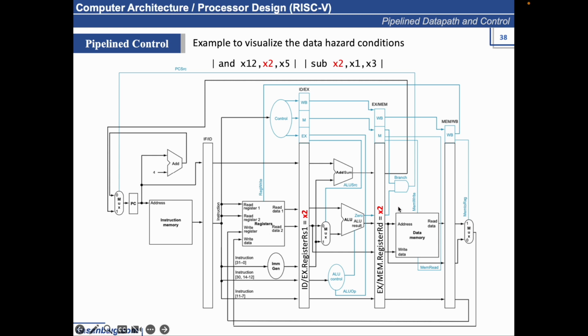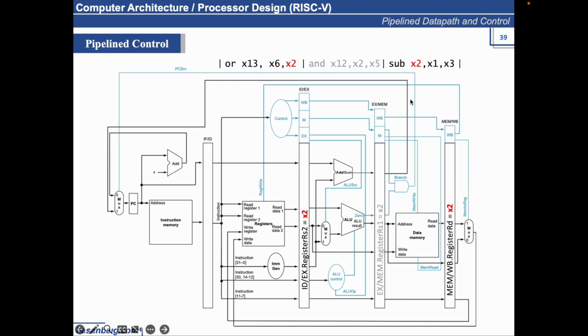So when the instruction moves to the next stage, the updated value of x2 is also moved here. If the instruction is using any source register whose value is not yet updated in the register file, we need to forward the data, this time from the memWrite back phase, because the updated value is placed in this one.